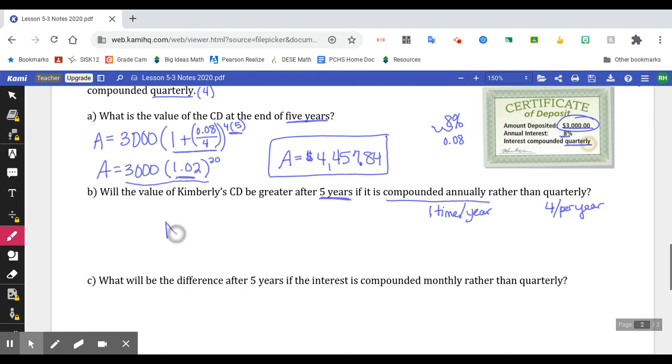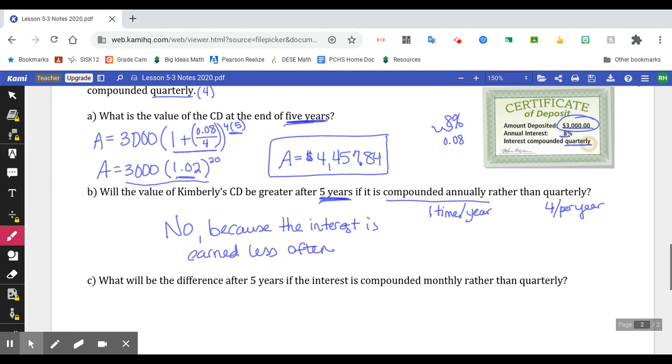So this is a no. You're never going to earn more money if the interest happens less often. So I'm going to put here no, because the interest is earned less often.